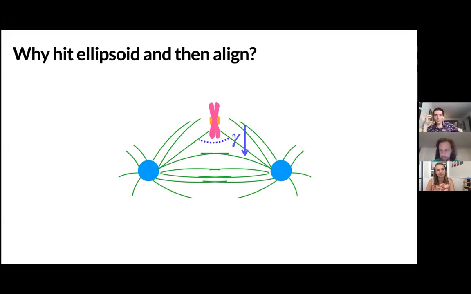Well, the only thing that's really different is the angle at which the microtubules are aligning. If you think about them coming out radially from the poles, then this angle that I'm calling gamma really is maybe the only thing that's changing as you get closer and closer to that ellipse. So can we come up with a maybe classical biophysical model which says why changing that angle gamma might lead to alignment and stretching of the DNA?